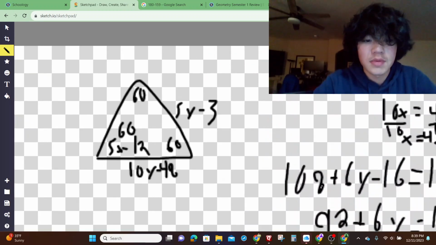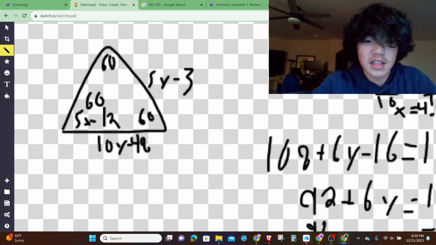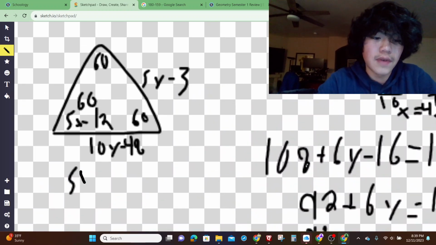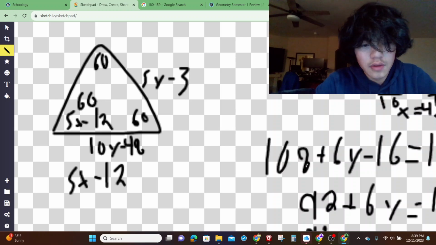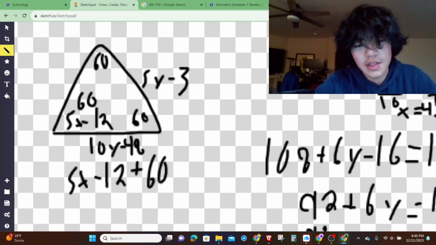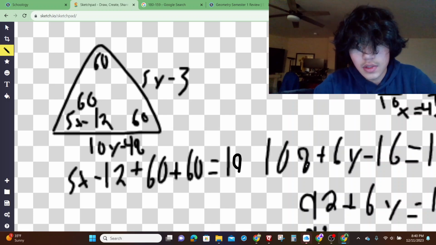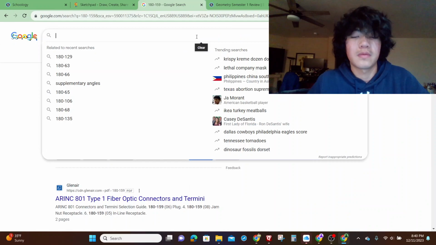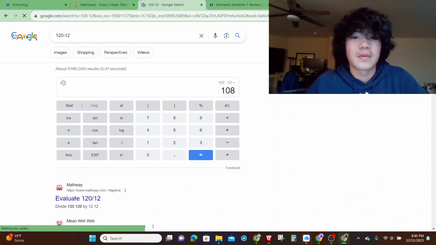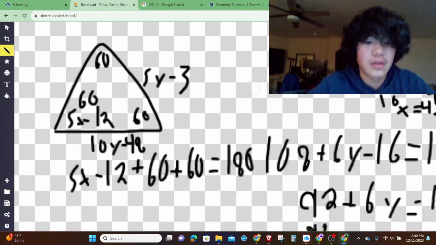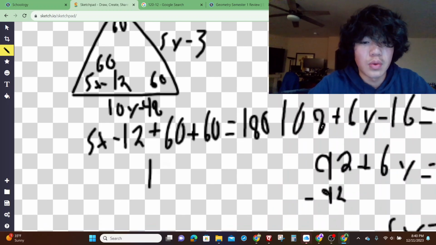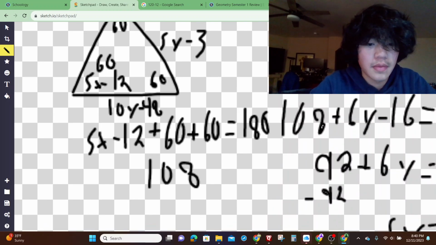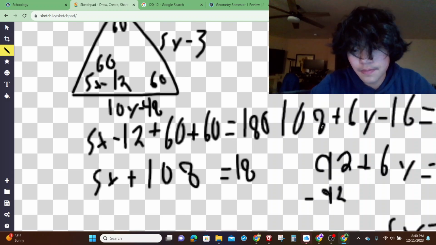Alrighty then. So right away we can find the x value because we can do 5x minus 12 plus 60 equals 180. So we got 120 minus 12, 108. So 5x plus 108 equals 180.